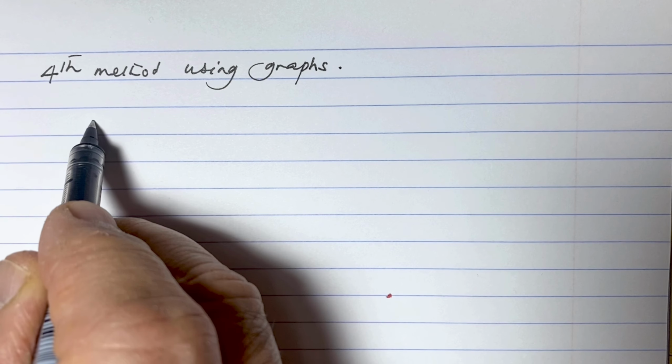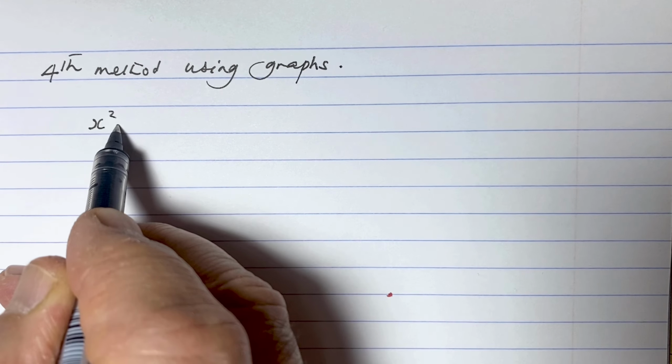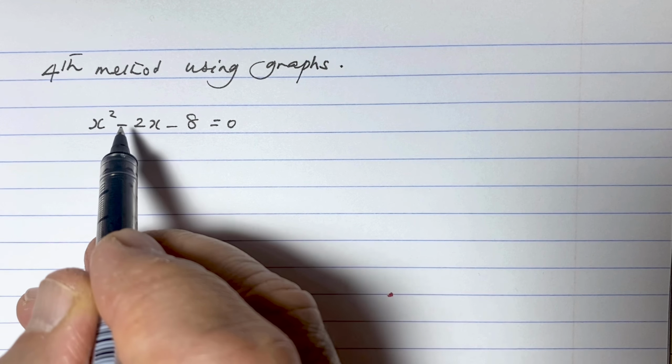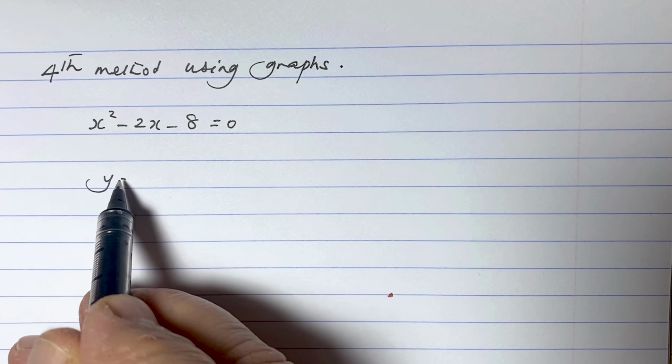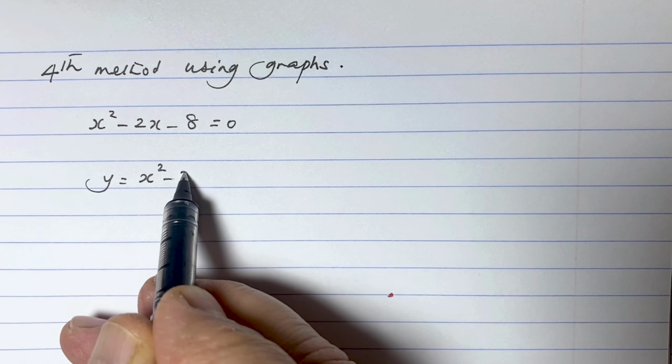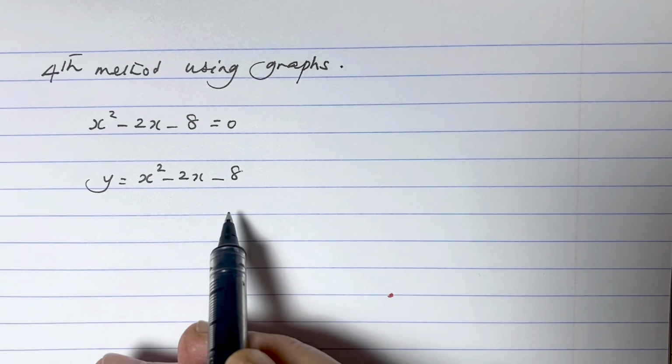My equation was x squared minus 2x minus 8 equals 0. So I need to sketch the graph of y equals x squared minus 2x minus 8.